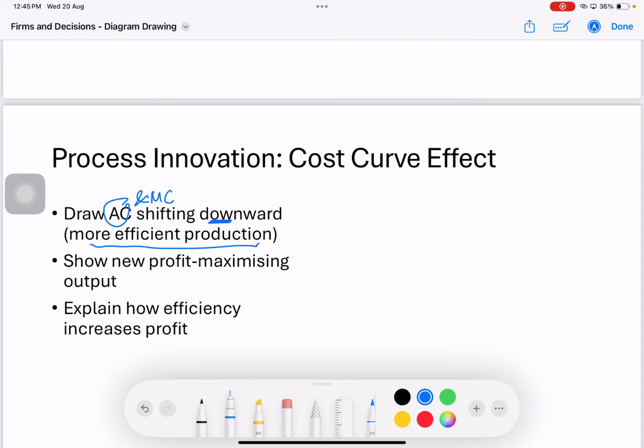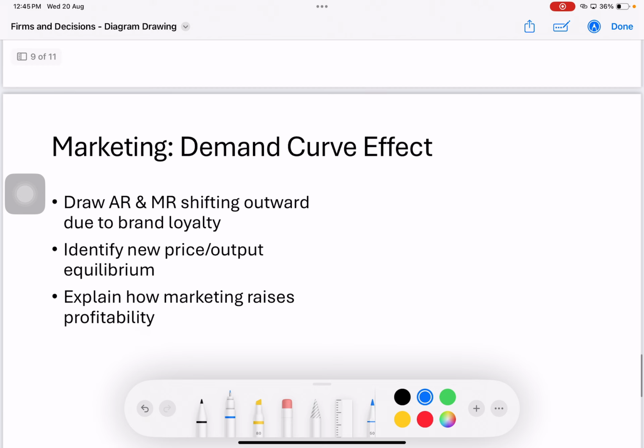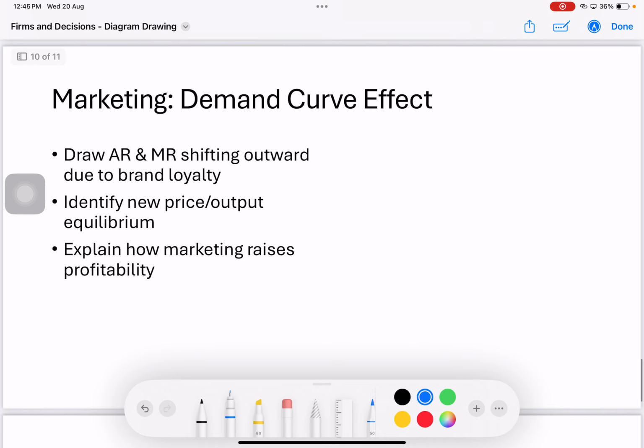Okay, because at every quantity level, the cost of producing it, whether it's average cost or marginal cost, it reduces. So that's why it is a downward shift. And then it's the same. That's why I didn't want to go through that. Then the rest, I think it's up to you how you want to explain. Honestly speaking, whatever strategies you have, if you say demand increases, your job is to explain why.